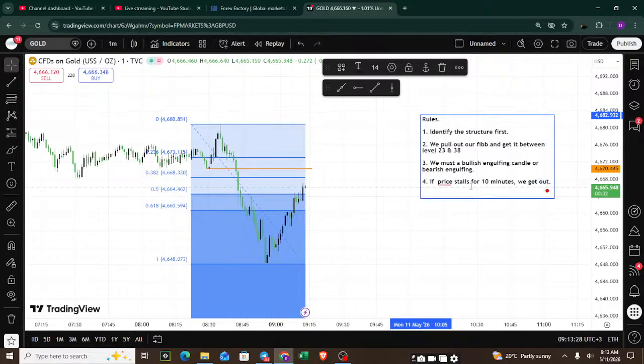Okay, that is, we have confirmed that we have a bearish engulfing candle, then we get in, then price begins stalling, because ideally a good trade should not waste your time. That is the principle behind this rule. So if it stalls for 10 minutes and we are in the 1 minute time frame, then it's time to get out and wait for the next signal, or to wait for what price wants to do, so that you can respond in accordance to the price action being presented to you.